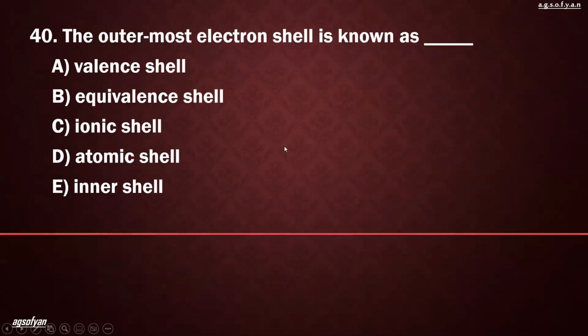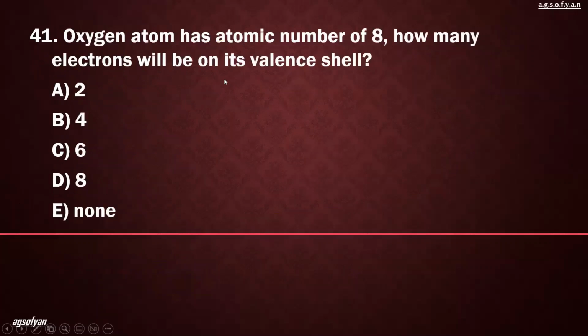Okay, the outermost electron shell is called the valence shell. Now, oxygen atom has atomic number of 8. How many electrons will be on the valence shell?